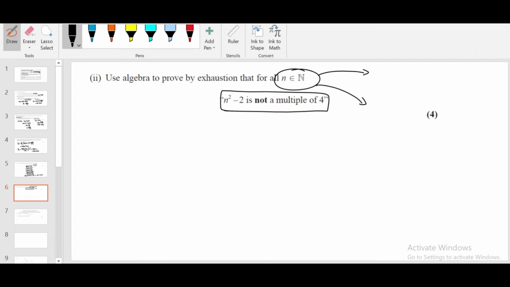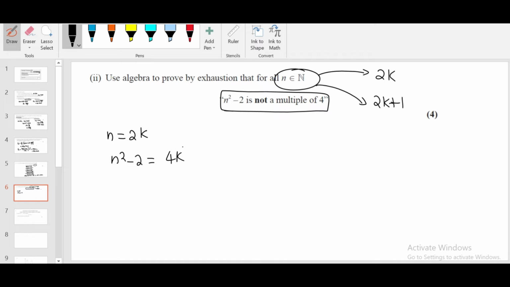What we can do is divide them into even and odd, 2k and 2k plus 1. All natural numbers can be divided into two categories, even and odd. So let's sub in 2k into n square minus 2.